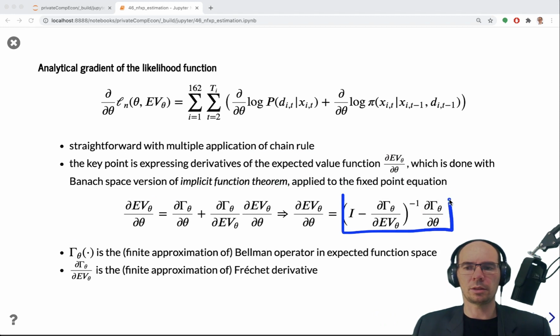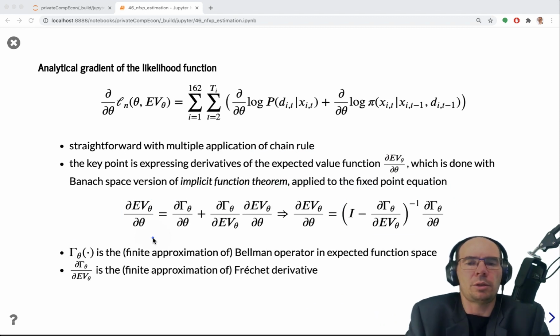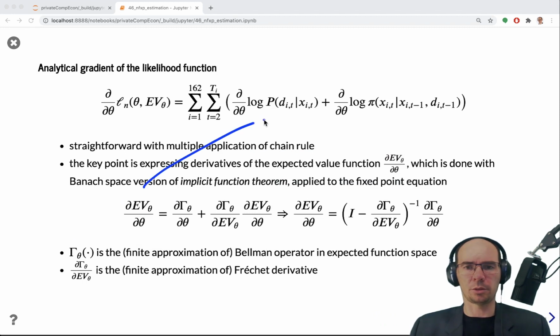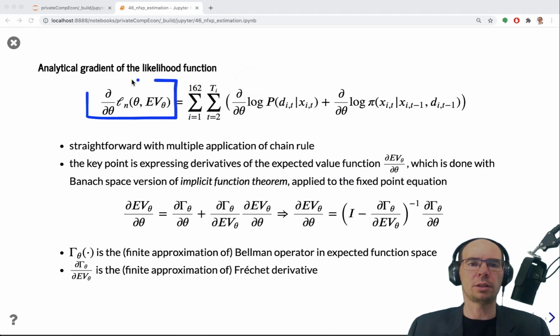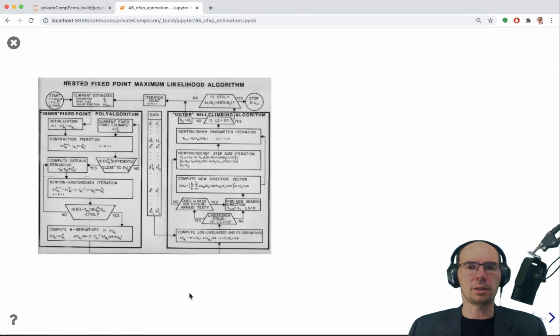And so these are all matrix operations, and so we will calculate the again n by k matrix of the derivative of the expected value function that can be plugged back into the choice probabilities or derivatives of the choice probabilities, and essentially leads to the gradient of the likelihood function. So this is all of the theoretical background that is needed to write the code.